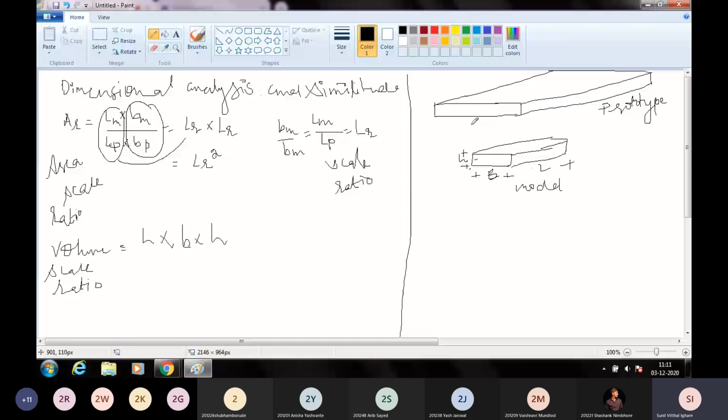The same notation I give here: height h, then width b, in small letters, and this is length L.